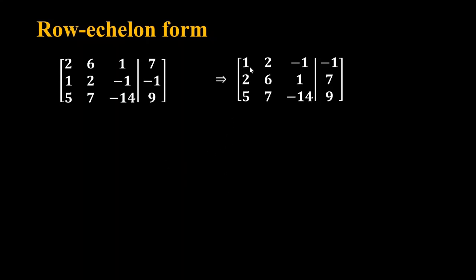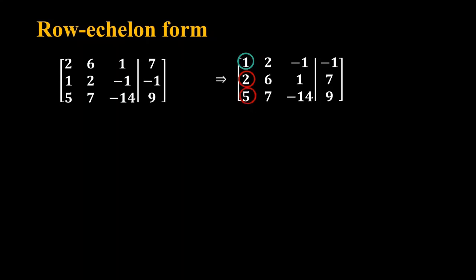Here the first non-zero entry in the first row is 1. The first non-zero entry in the second row is 2 and in the third row is 5.